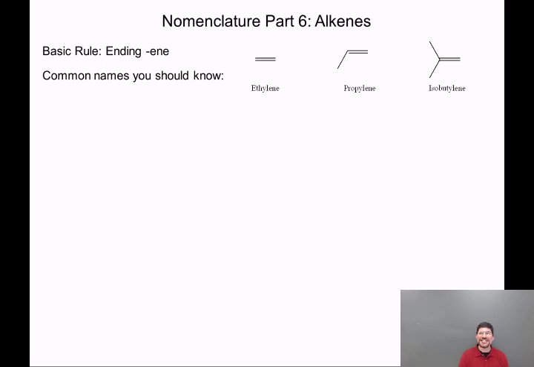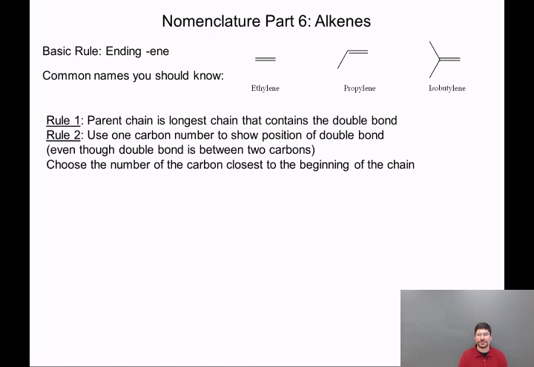So that's why, as a good practicing organic chemist, you should be familiar with these 3 common names because these molecules always go by those common names. So when we're going to name an alkene systematically, we've got 2 rules that we have to keep in mind, at least for simple alkenes. The first one is that the parent chain is the longest chain that contains the double bond.